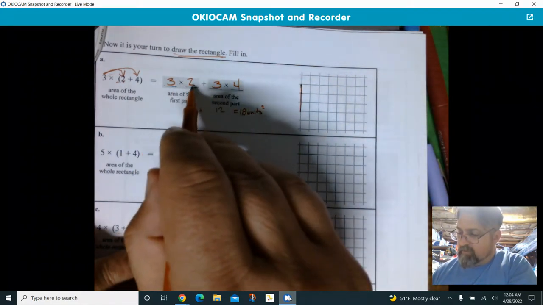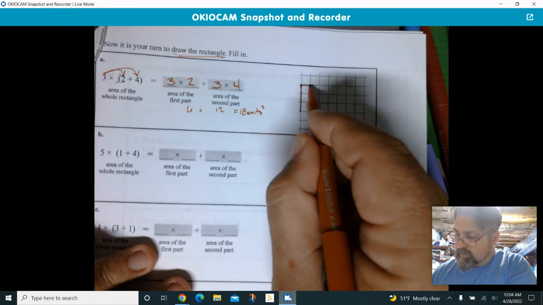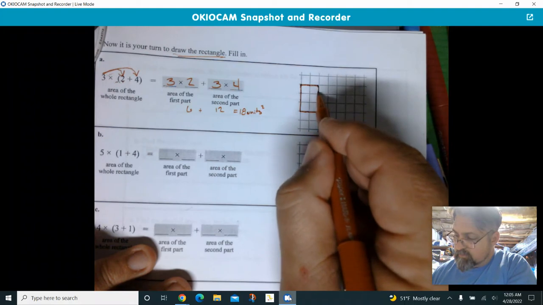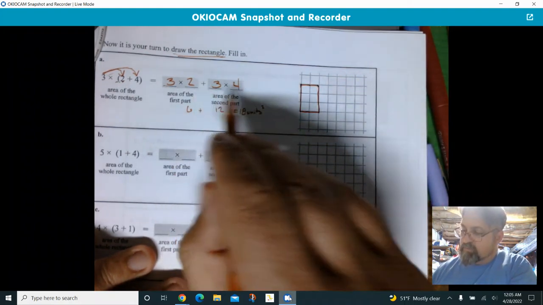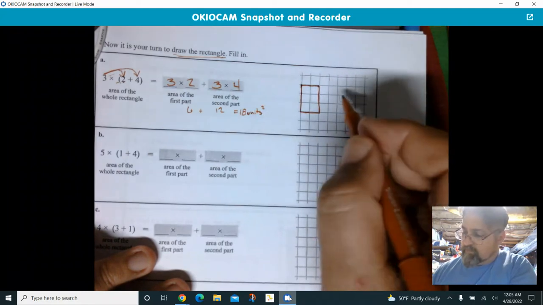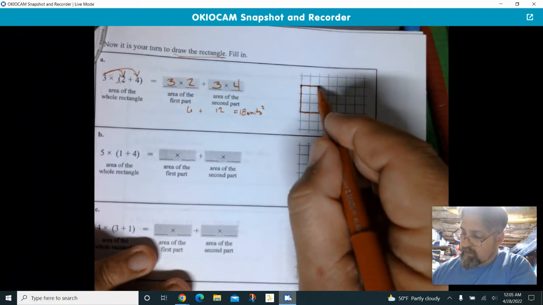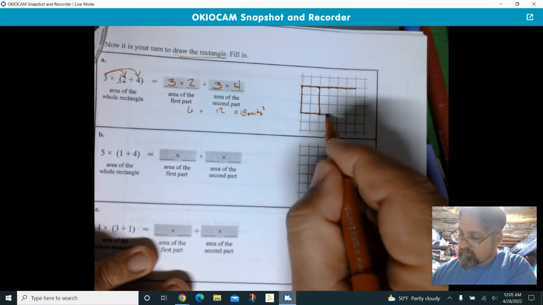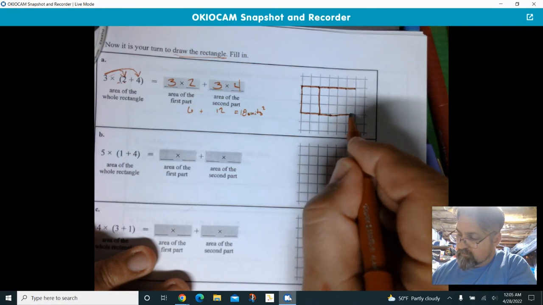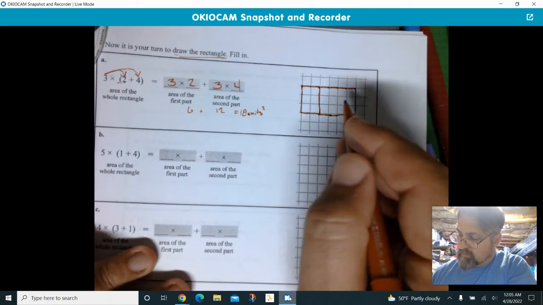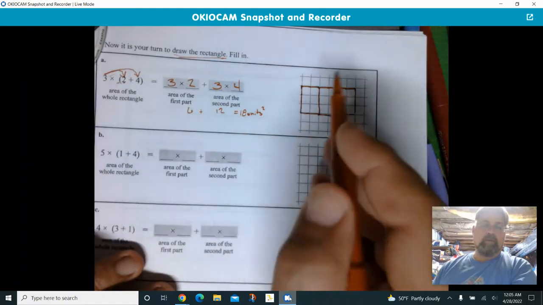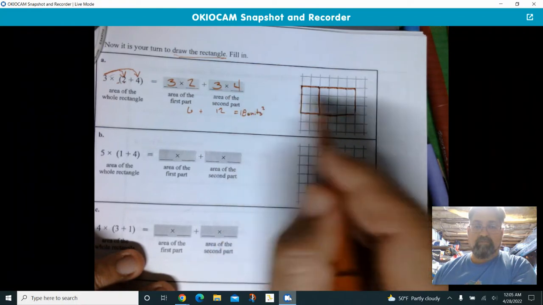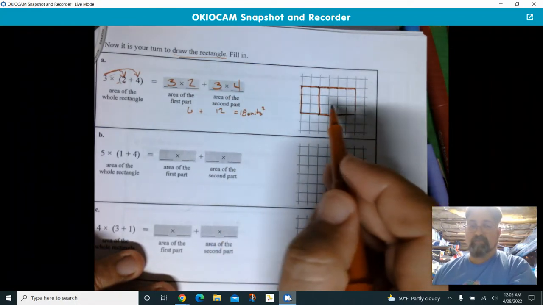And the rectangles we have are 3 by 2. 1, 2, 1, 2. 3 by 2 plus 3 by 4. 1, 2, 3. 1, 2, 3, 4. There's our 2 rectangles. 3 times 2, 3 times 4, add them together.